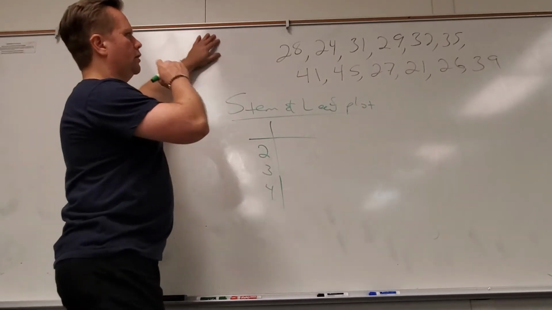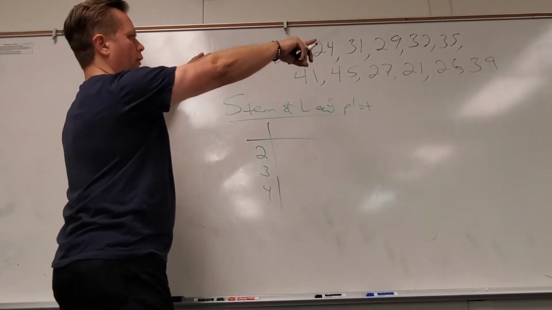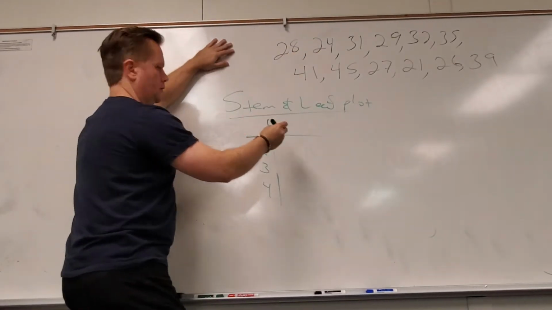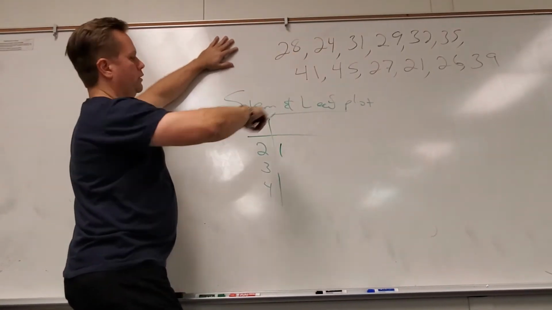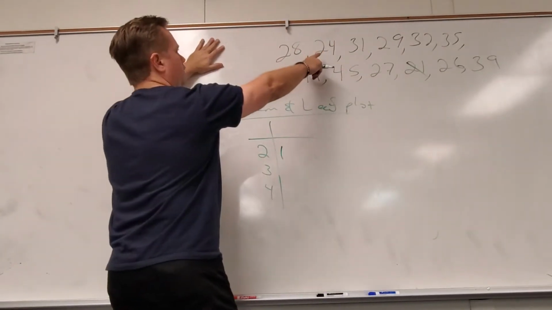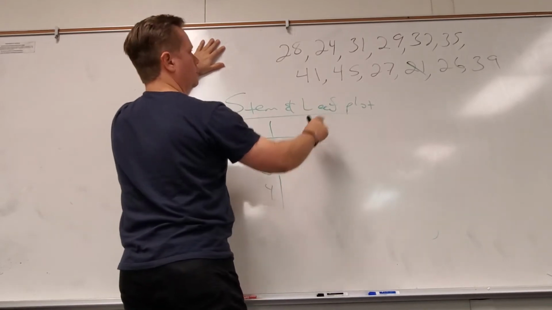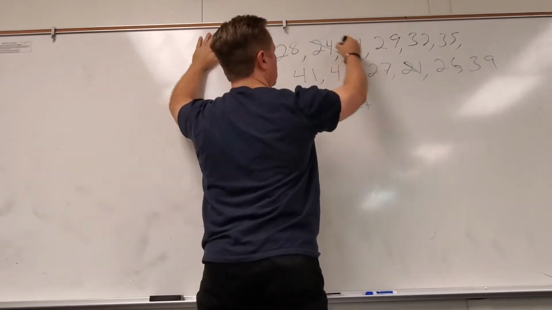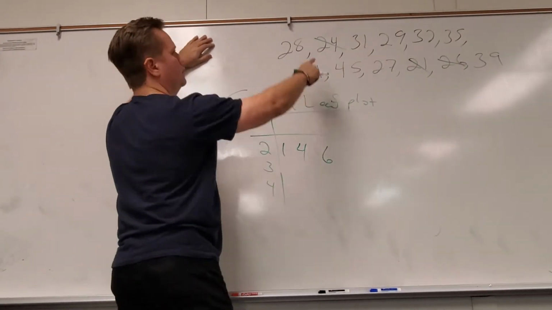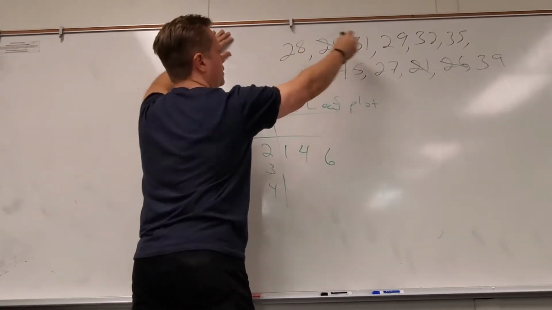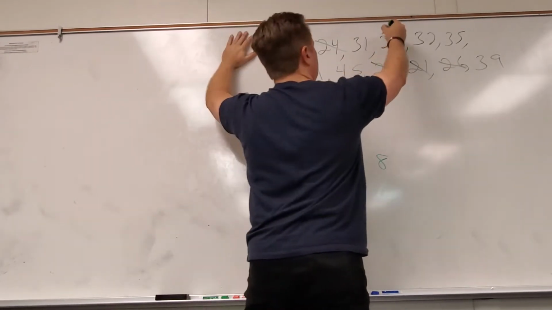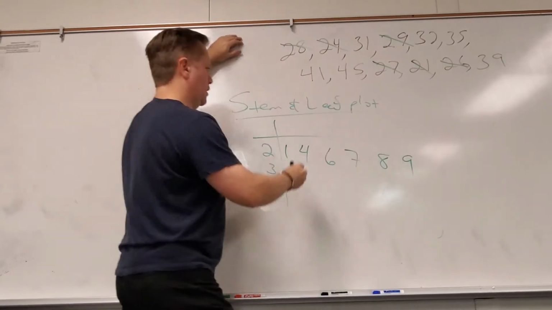So let's get our 20s in order. What's my lowest 20? 21. Now watch, here's how it works. I just put a 1. Then 24, then 26. Have I missed anybody? 21, 24, 26, 27, 28, 29.